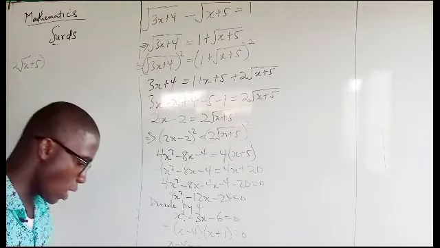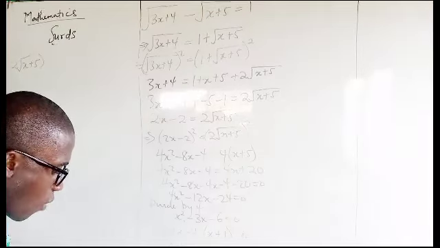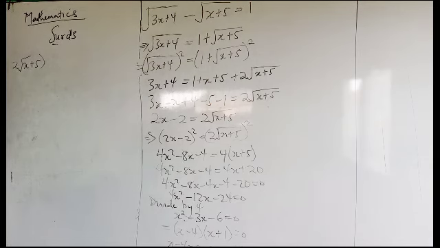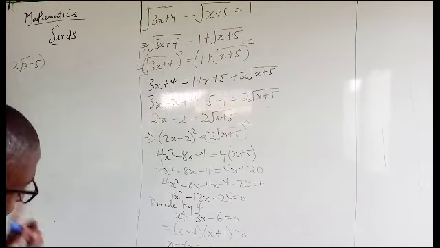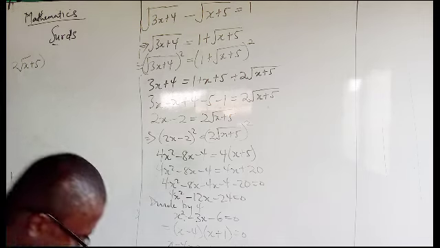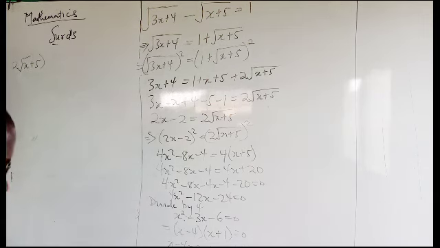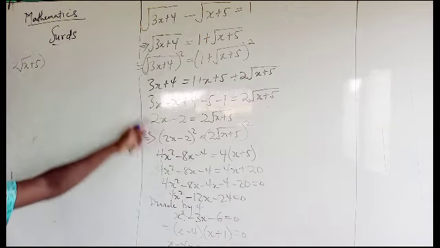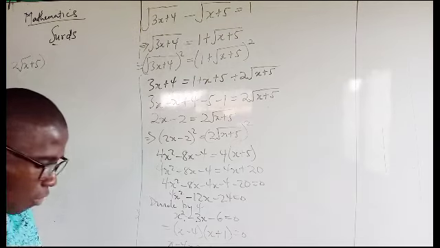Okay, so x is equal to 4 is a solution since it satisfies the original equation. But x is equal to minus 1 is not a solution since it does not satisfy the original equation. So the answer for x here is 4.